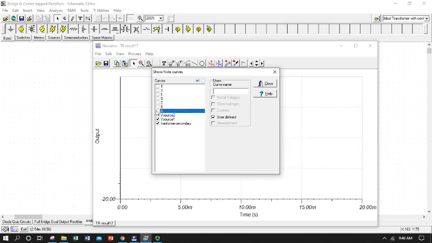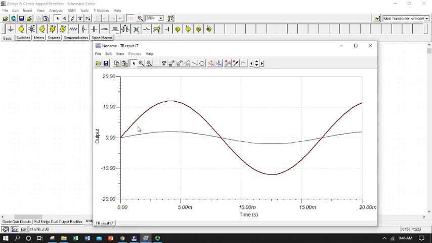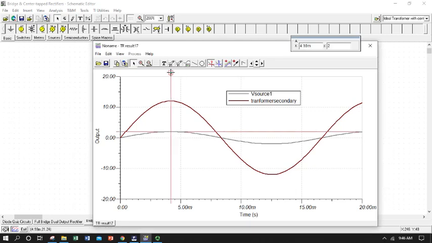Let's walk our way across our circuit. This is a measure of our transformer secondary output across the whole secondary coil versus our V source, which is our primary voltage input. So you can really see here what our transformer is doing for us. This is definitely a step-up transformer.